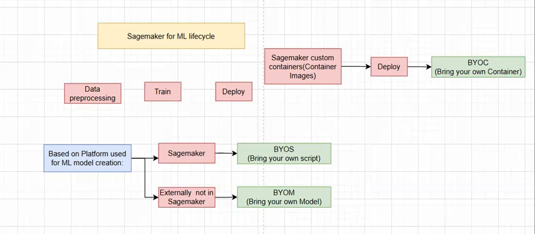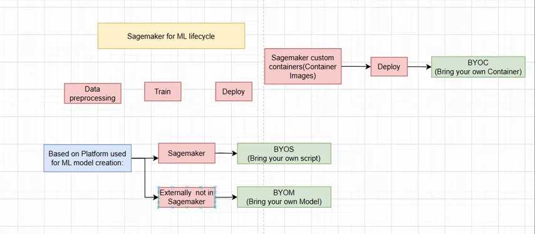Now let's have a small question: what is BYOM? BYOM represents bring your own model. Let's say you have a requirement for just deploying an already available model. You have an ML model and you just want to deploy it. Such deployments are BYOM.